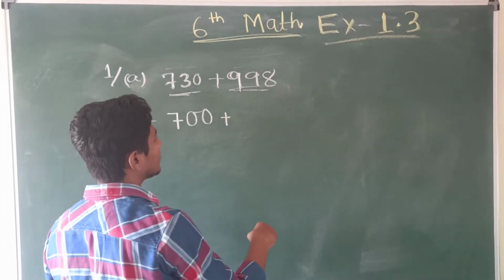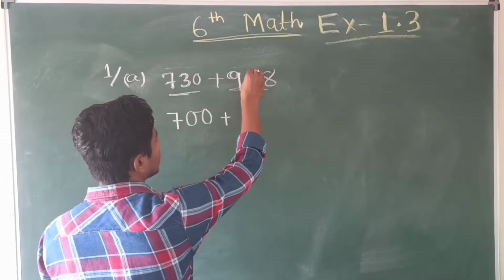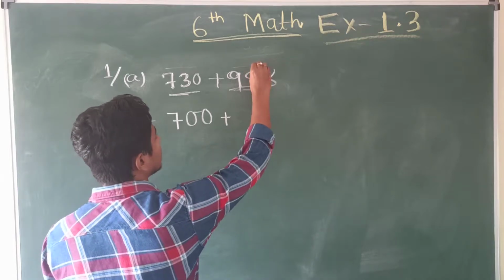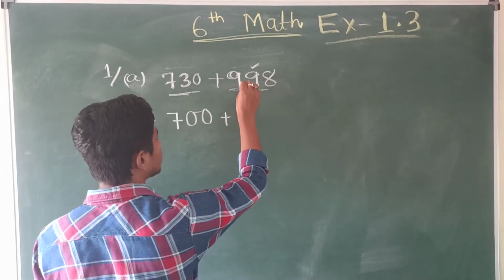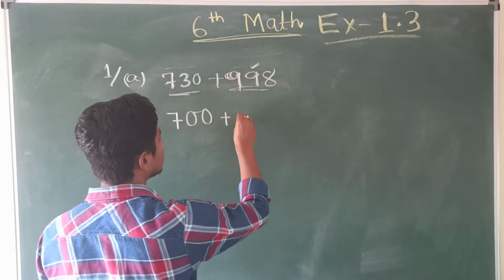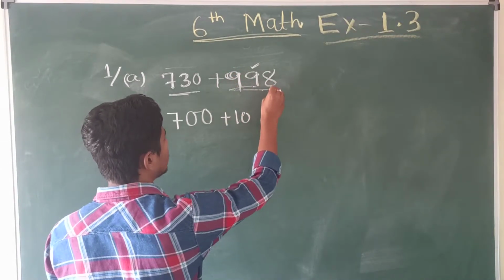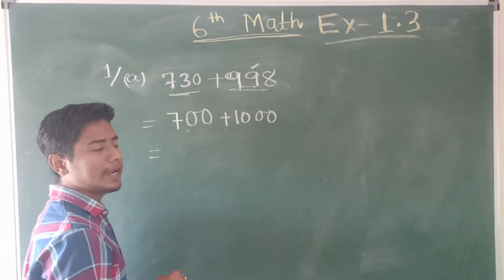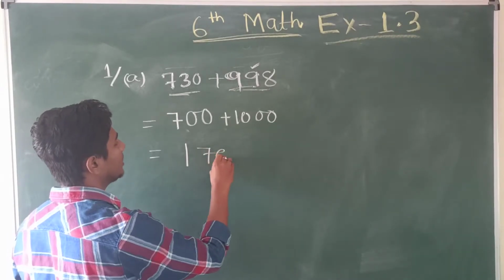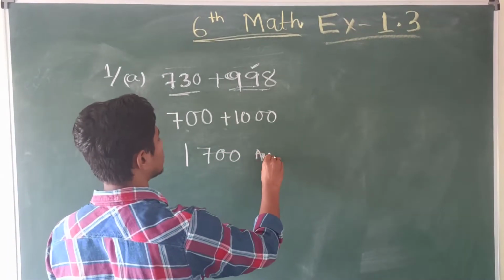After 9, this 9 is in the second group, that means you add 1 here. 9 plus 1 is 10, then it becomes 0 and 0. That is 700 plus 1000. Then you add easily. That is 1700, your answer.